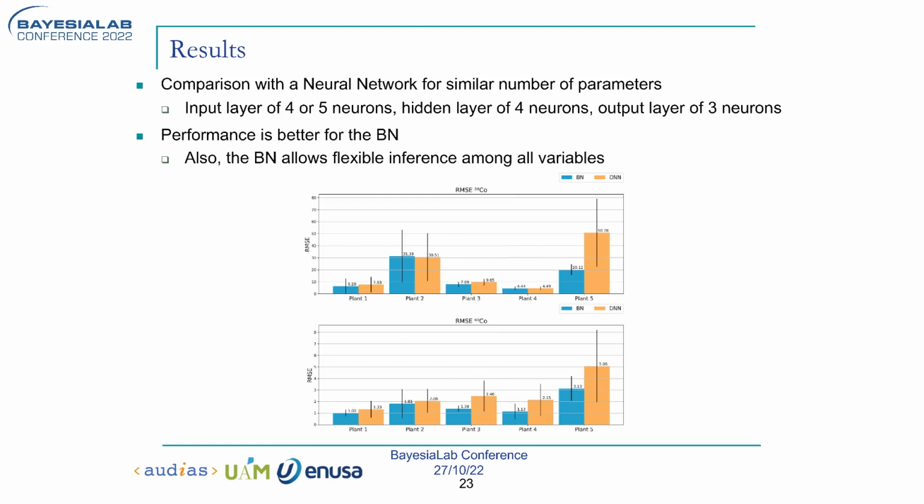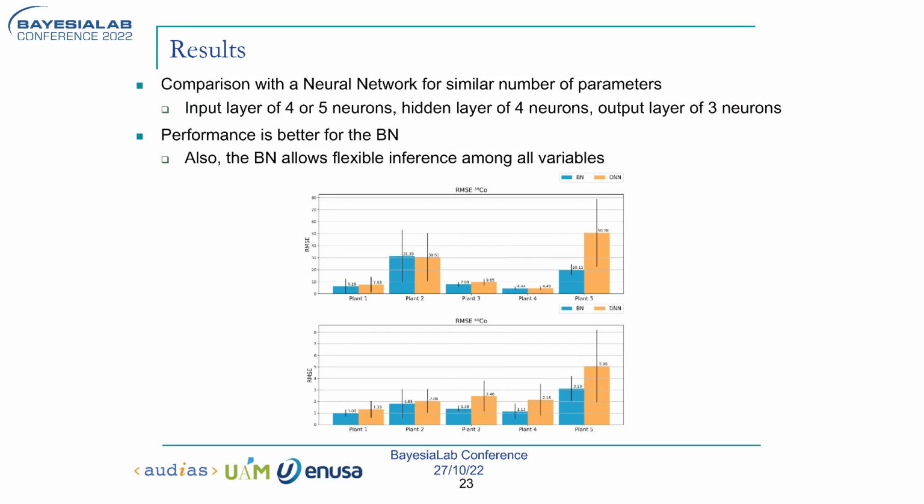So we compare our performance with a neural network with more or less the same amount of parameters: an input layer of 4 or 5 neurons, a hidden layer of 4 neurons, and an output layer of 3 neurons. If we compare our Bayesian network with the neural network, we see that the root mean square error in general is comparable or worse in the neural network than in our network.